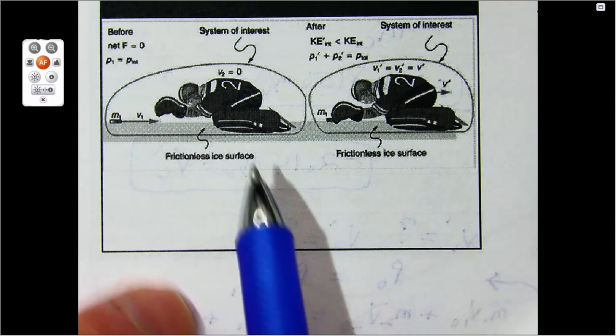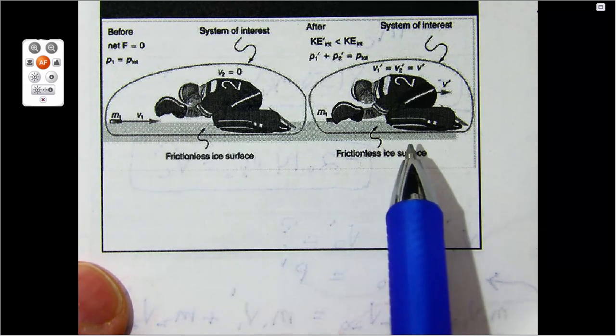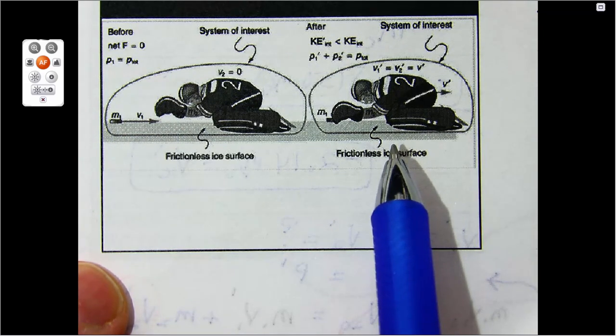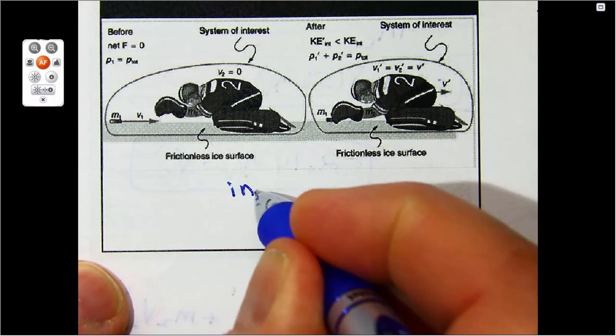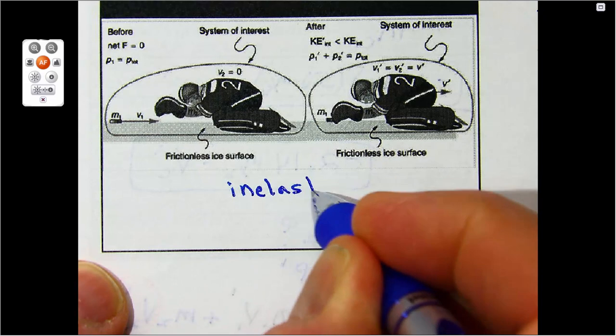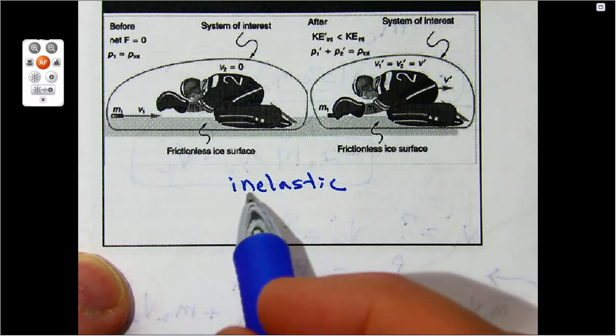First of all, if this hockey puck's coming in and it's going to be caught, this is an inelastic collision, correct? If it is inelastic, what is conserved?